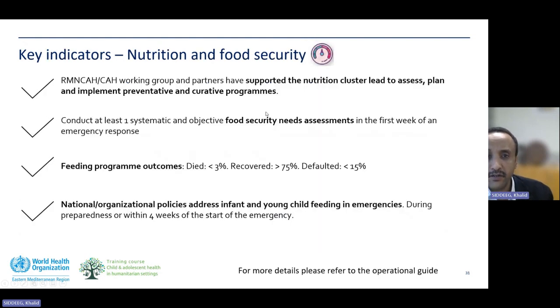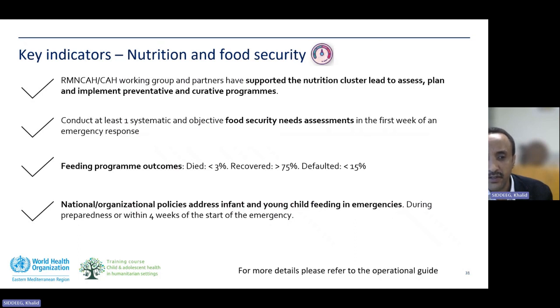These are the key indicators of nutrition and food security. The working group and partners have already supported the nutrition cluster to assess, plan, and implement nutrition interventions and programs. We have some specific indicators, and as we said, these are just examples of indicators, and you need to refer to the operational guides for more details and to the guiding documents of the country for even further details.